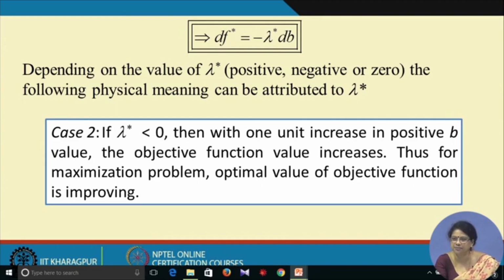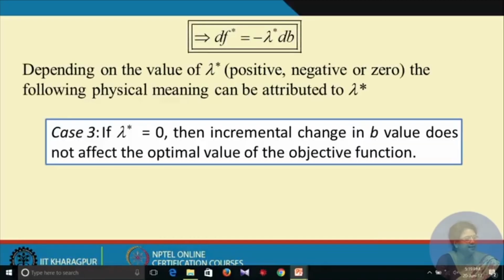Did you understand? The two cases are different. But in the other case, neither positive nor negative, if lambda star is 0, then what is the situation? df star is equal to 0 into db. That is why even if I change b, there is no effect on the optimal value of f.